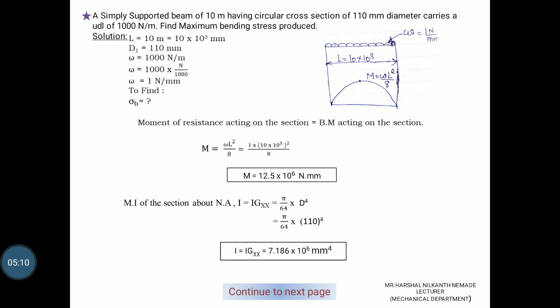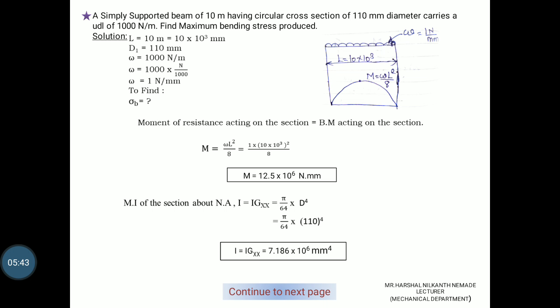So UDL they have said, so small w is equal to 1000 Newton per meter. To convert to Newton mm, you may see I have converted w is equal to 1 Newton per mm. To find sigma B, they have said to calculate sigma B. For UDL, the formula is M is equal to W L square divided by 8.